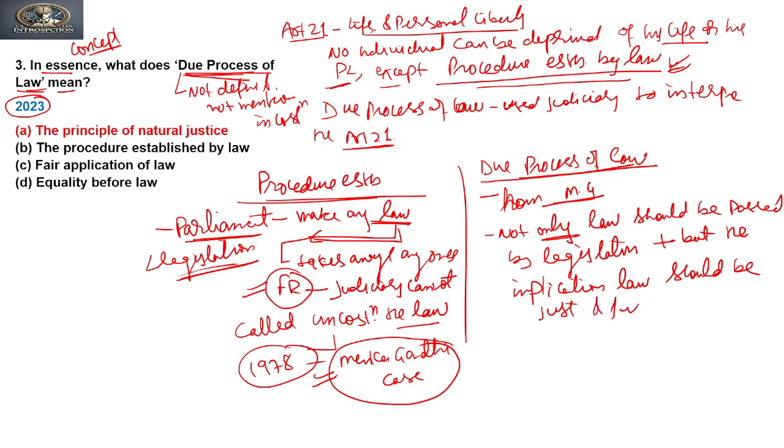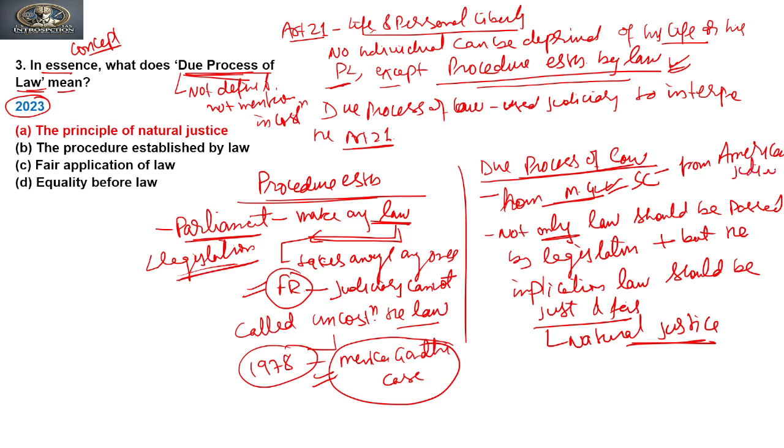Just and fair means that it is based on natural justice. This was decided in the Menka Gandhi case, and through this case, the Supreme Court tried to establish a due process of law from the American judicial concept. Clear? So this is due process of law.